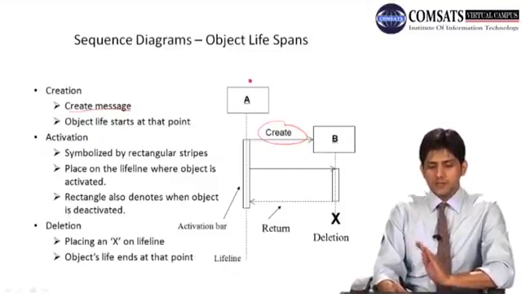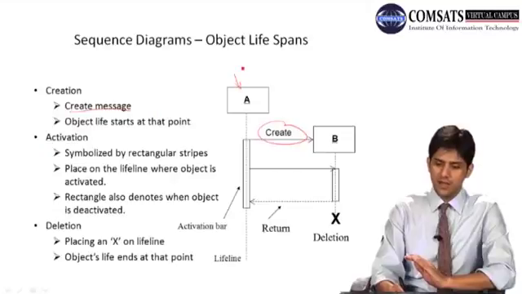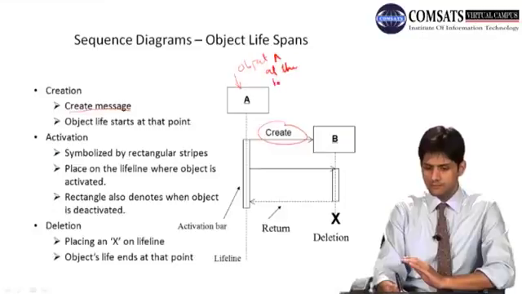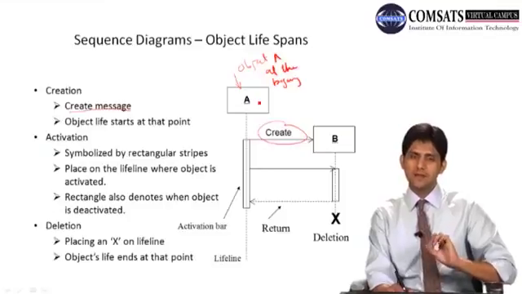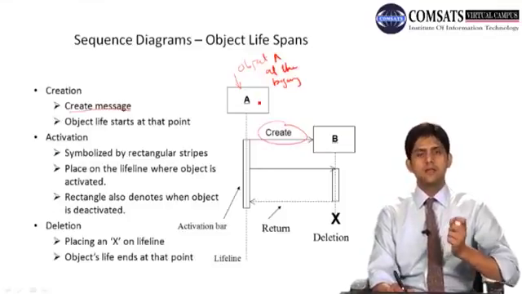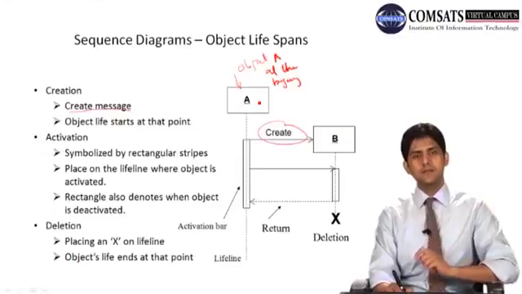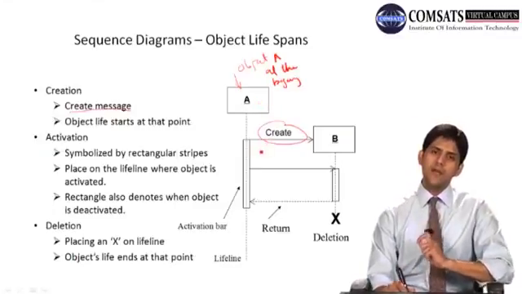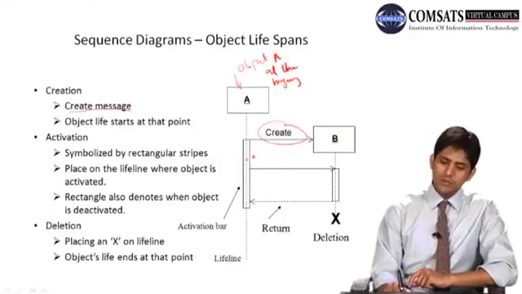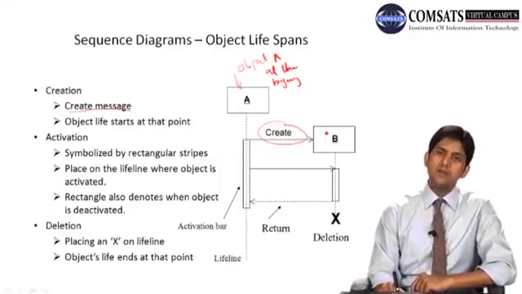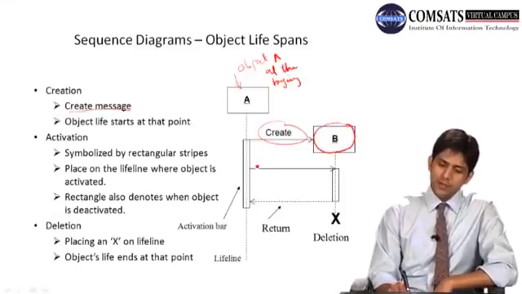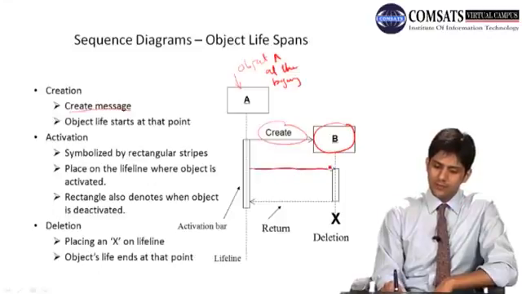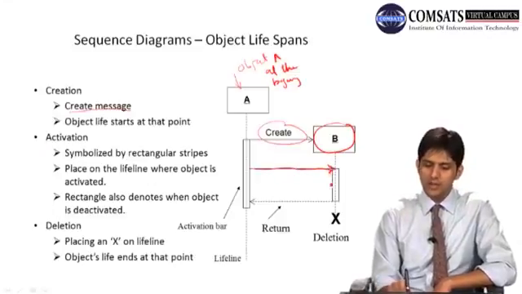At the beginning in this particular scenario, we had only this one object A. But during the interaction, we realized that this instance of class A needs to interact with an instance of class B, and we did not create that instance at the beginning. So we send a create message, and by that create message we create this new object. Then whatever interaction was required, we do that, which is done through this message, and then we get a return.